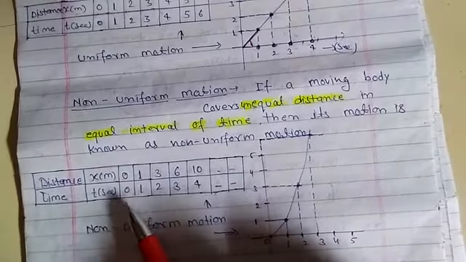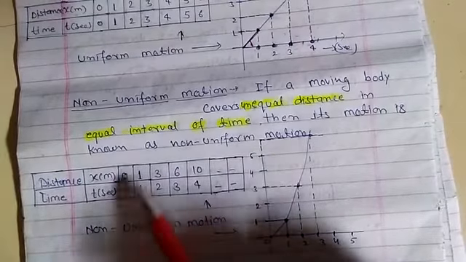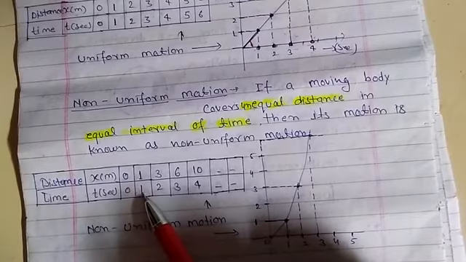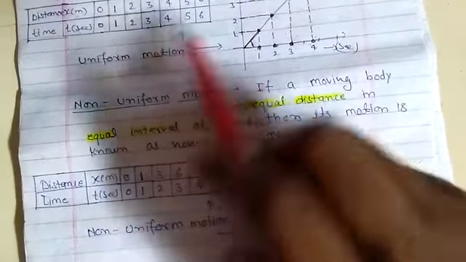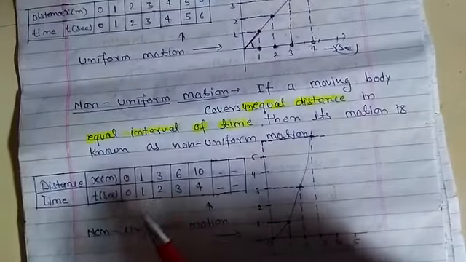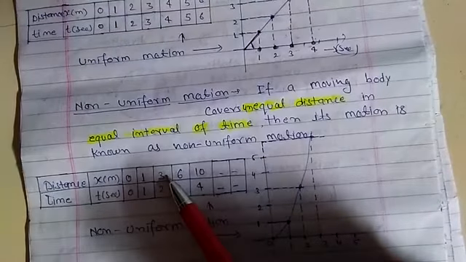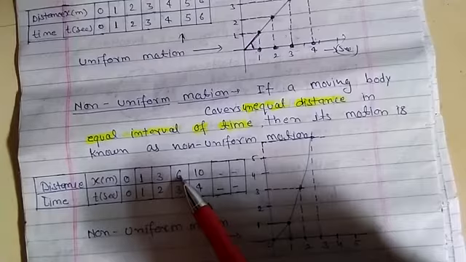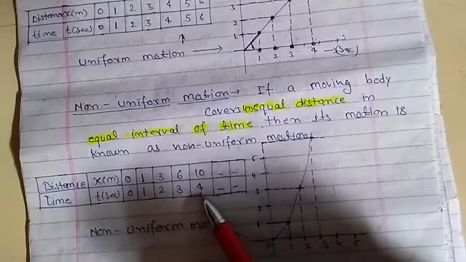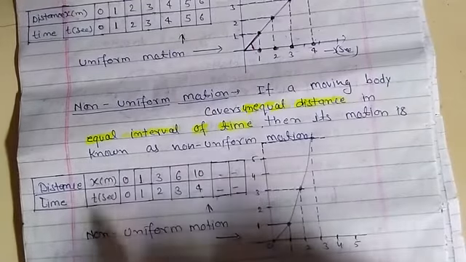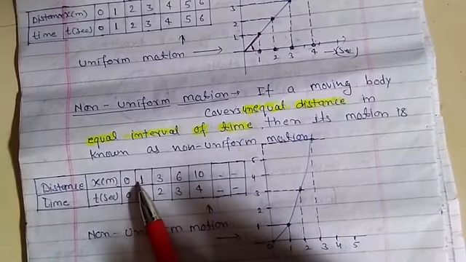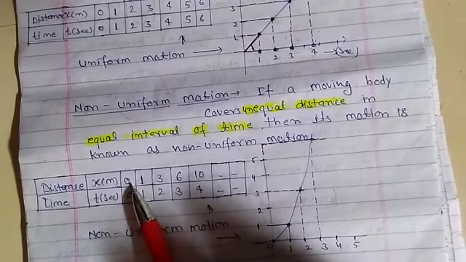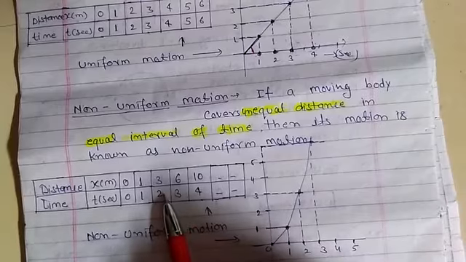You observe here, 0 for 0, 1 for 1, but the ratio here for uniform motion was 2 for 2, 3 for 3, 4 for 4, 5 for 5, but here it is 1 for 1 but 2 for 3, and 3 for 6, 4 for 10. It means the interval of time is 1 second, and the distance traveled by the object is 1 meter.